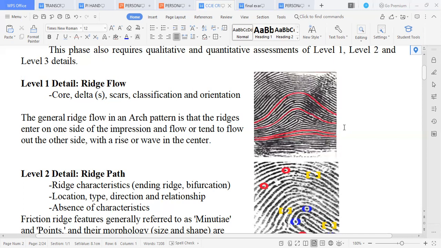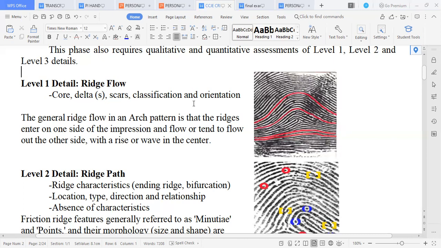You would think that this falls under the whorl pattern, because in a whorl you would see a complete circuit in circular motion, whereas for a loop you would look for the presence of a looping ridge, or what we call a recurving ridge. So this is what we call ridge flow, which is undertaken in level 1 detail to describe a fingerprint.